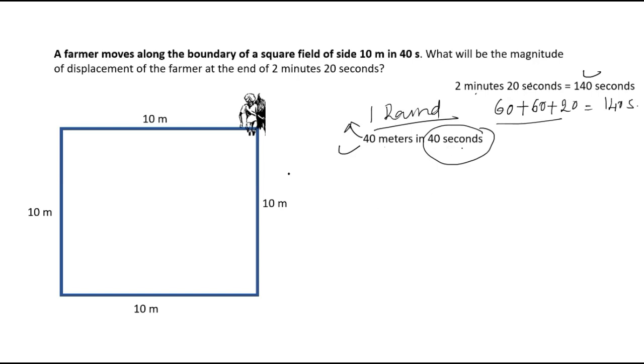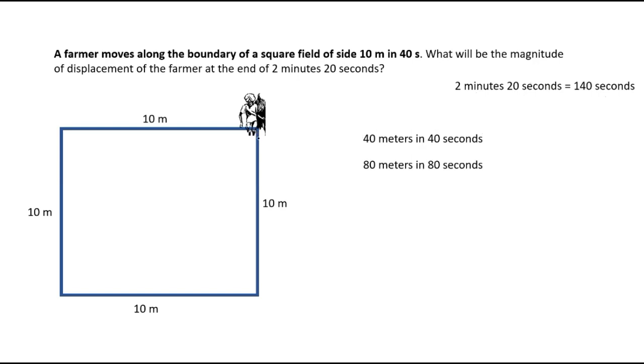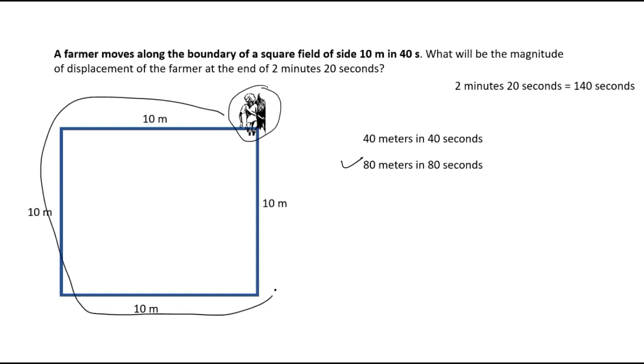Right. Now for the second round, that is in 80 seconds, he will be covering 80 meters, and again he is back here. In the first round he covers all the boundary, he comes back here, and that is 40 seconds. In the second round he goes again, covers the entire boundary, and that takes 80 seconds in total, and he covers 80 meters.